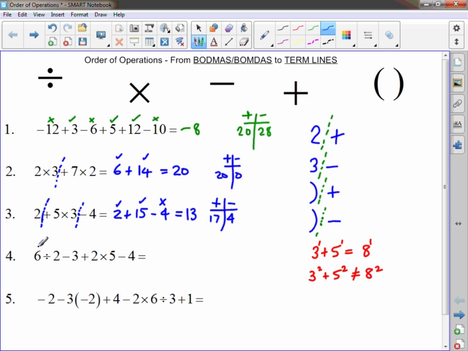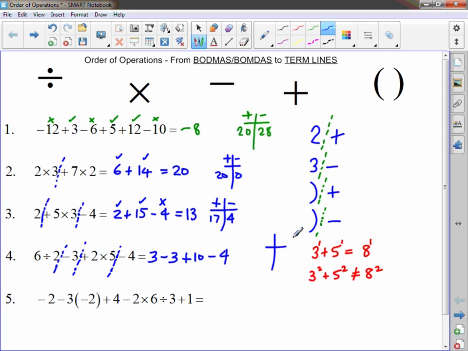Question 4, we have a 6 followed by division, so no term line needed. 2 followed by a minus sign, that's where our first term line comes in. 3 followed by a plus sign, another term line. 5 followed by a minus sign, another term line. 6 divided by 2 is 3. The negative 3 remains. 2 times 5 is 10. And the negative 4 remains.